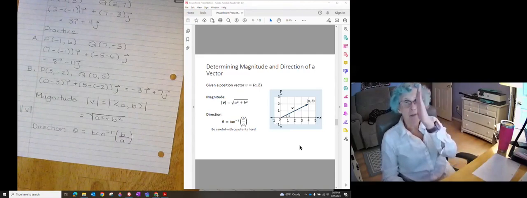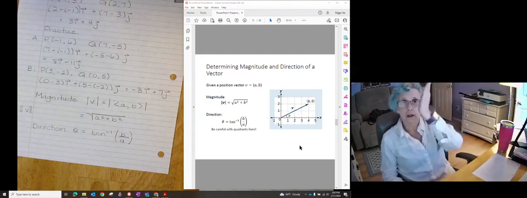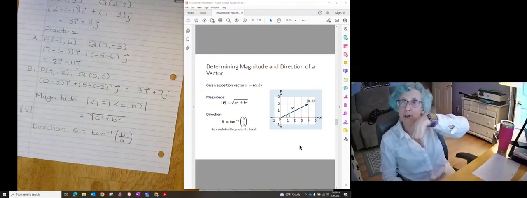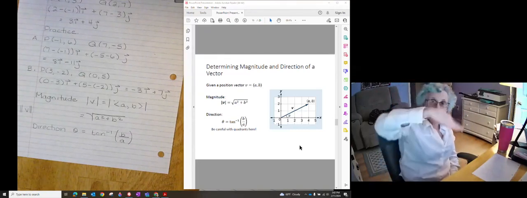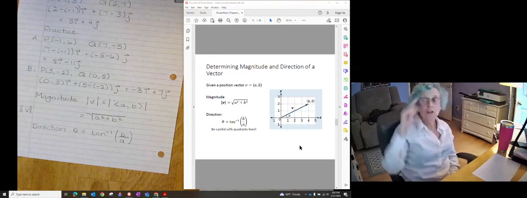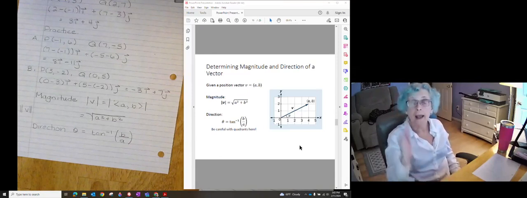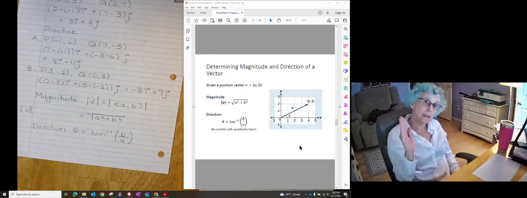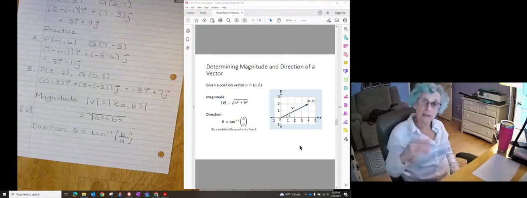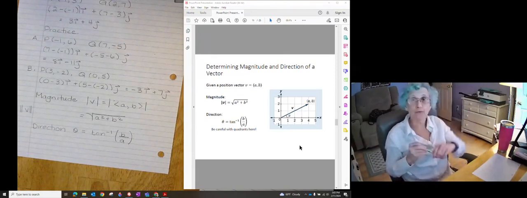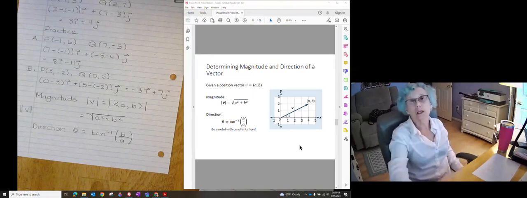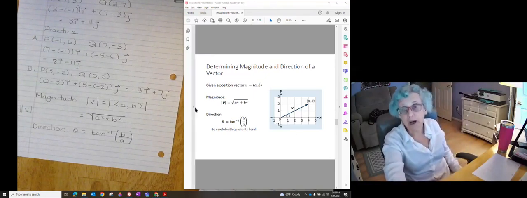But remember, that's going to give you an answer on the right-hand side of the unit circle. If your vector is pointed in the other direction, you're going to have to figure out exactly what it is. And you want it to be positive. So if you get an answer in quadrant number 4, you're going to need to adjust it so that it is a positive number.